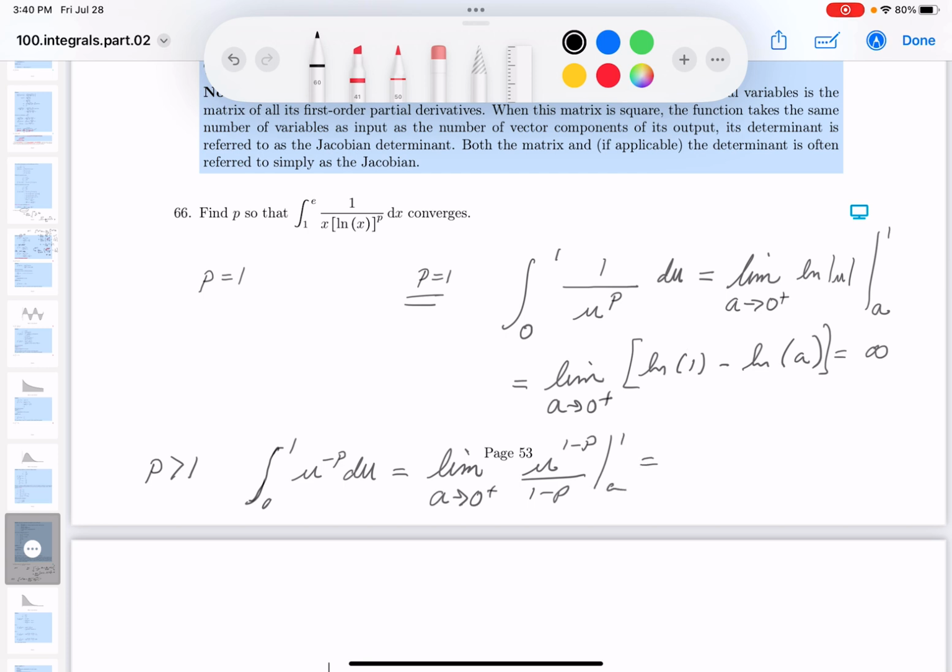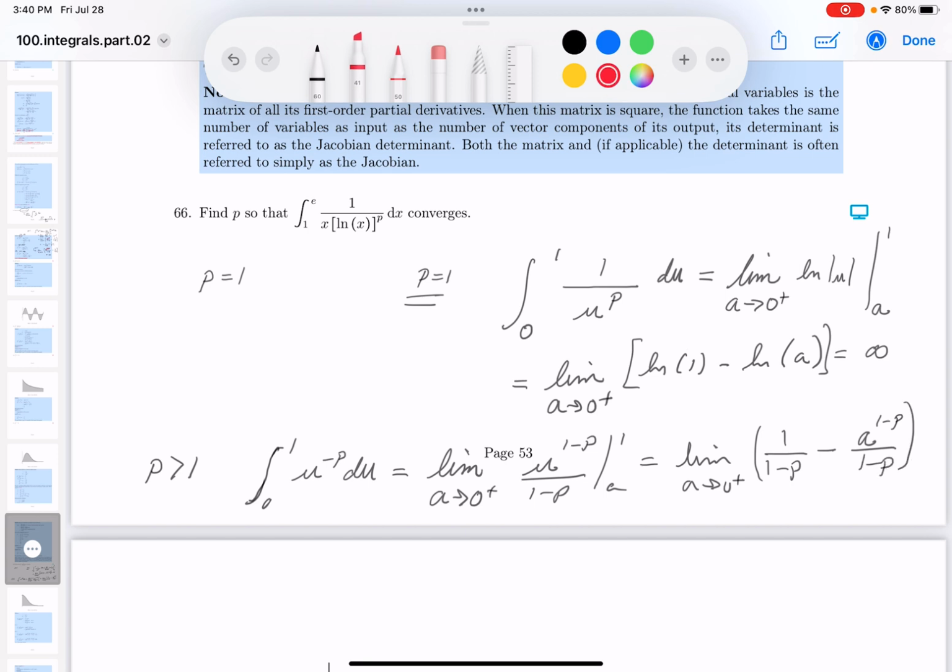Let's write this over here. Limit as a goes to 0 from the right. I put a 1 there, so I just get 1 over 1 minus p, minus a to the 1 minus p over 1 minus p. Time to think.